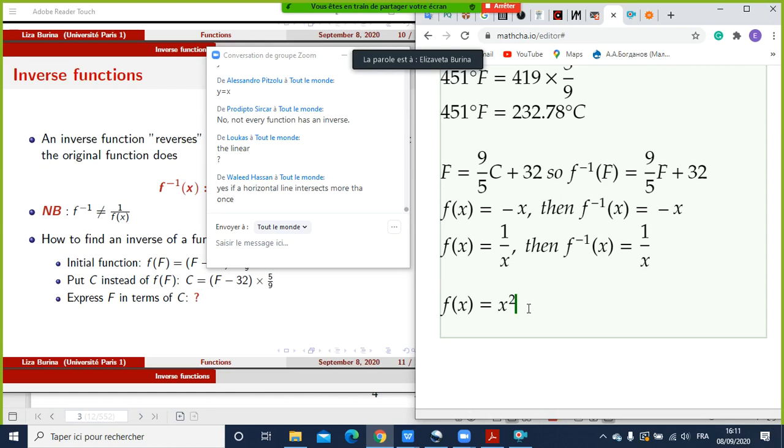But the issue here is exactly the same as we already discussed: square root only switches to positives. So we lose one part of the function.